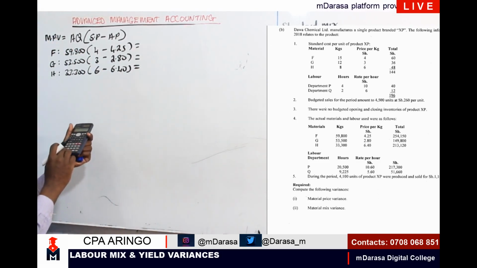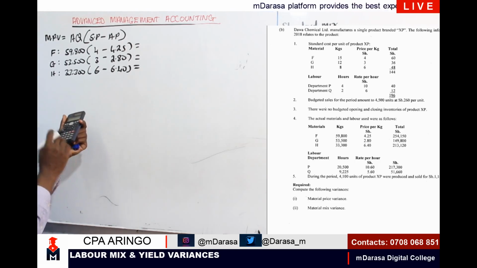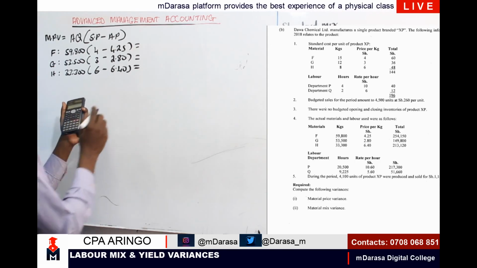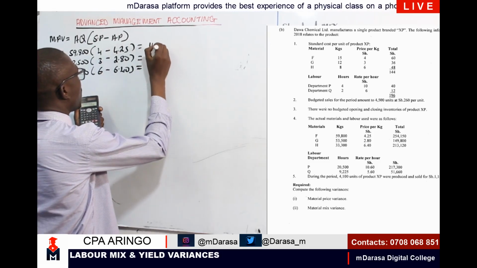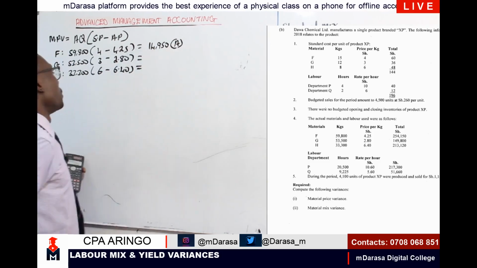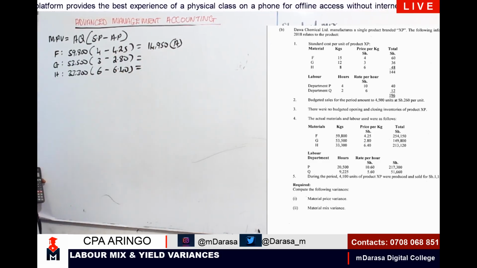So therefore, I'm talking of 4 minus 4.25 times 59,800. Basically, I'm having an adverse of 14,950. It is adverse because I'd budgeted to spend 4, but I ended up spending more than what you had budgeted.